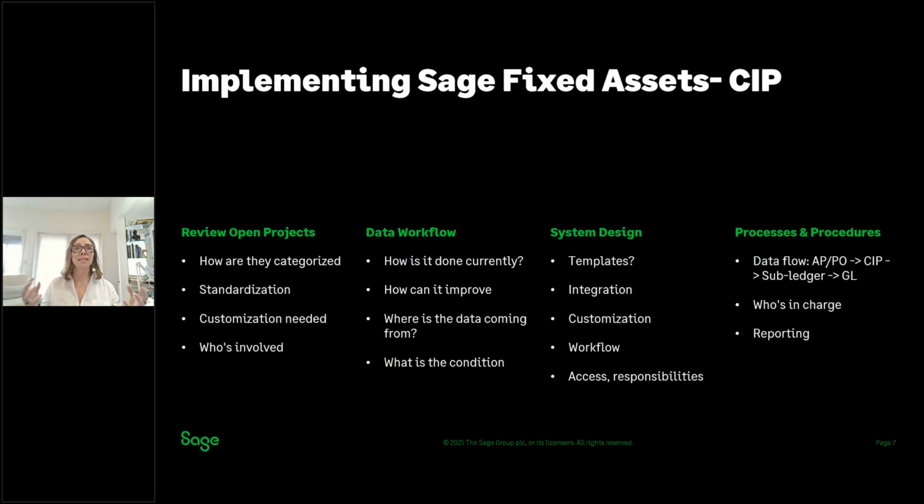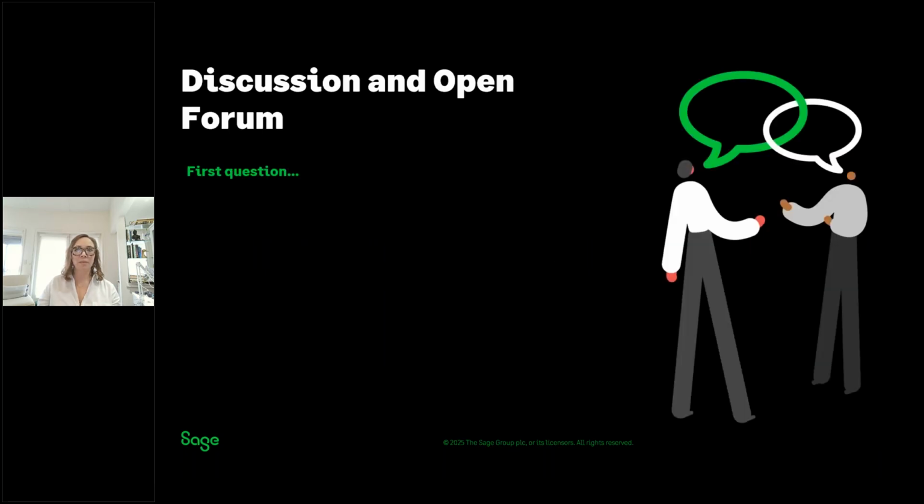All that is encompassing our best practices of CIP and how CIP should really flow together in this nice little fashion, right? And how are we doing this with our data today? And where can we improve to get to where we want to be? So that's my soapbox.